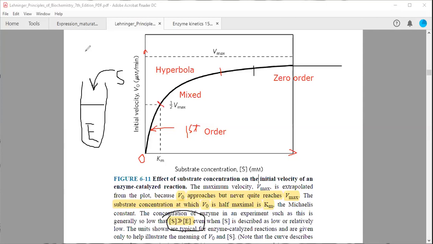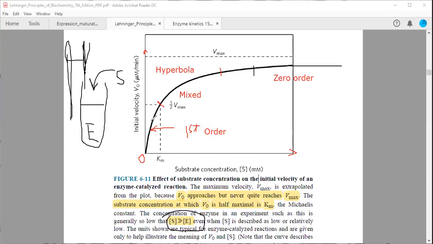Now suppose you leave it for the reaction, but suppose you take a pipette stand, and you add a pipette here, so that you add substrate dropwise in this particular test tube. So what will happen? The substrate concentration will be increasing.